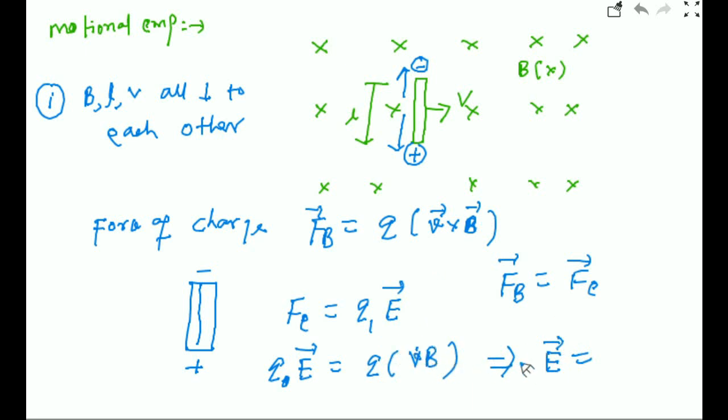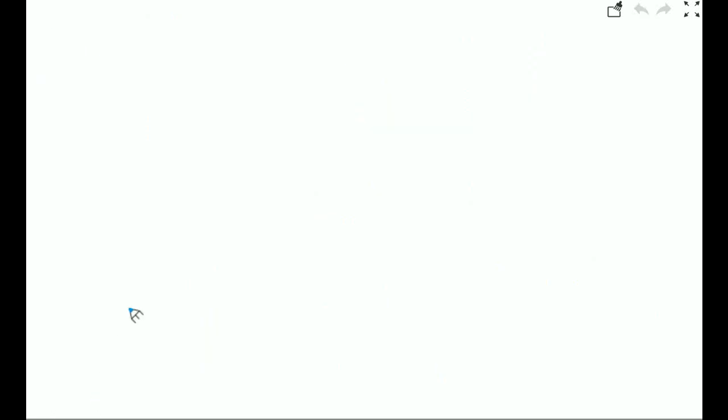So the electric field equals velocity into B. Now we know the relation between electric field and potential difference: dV by dr, or for a uniform electric field V by L, because L is the length of the conductor.